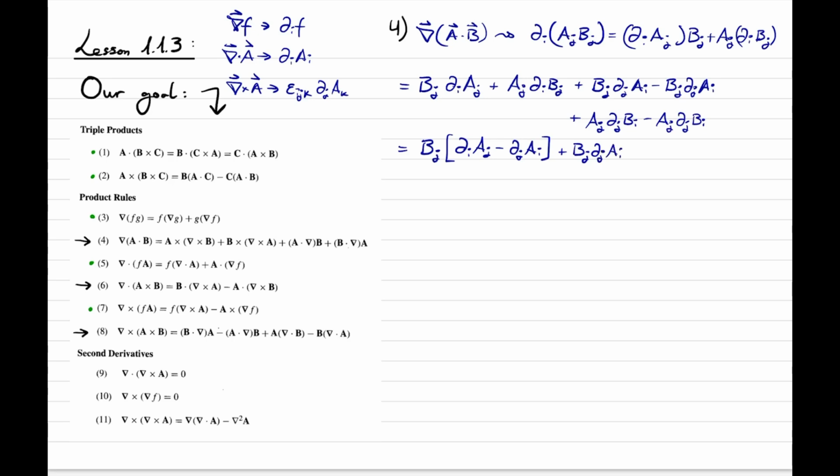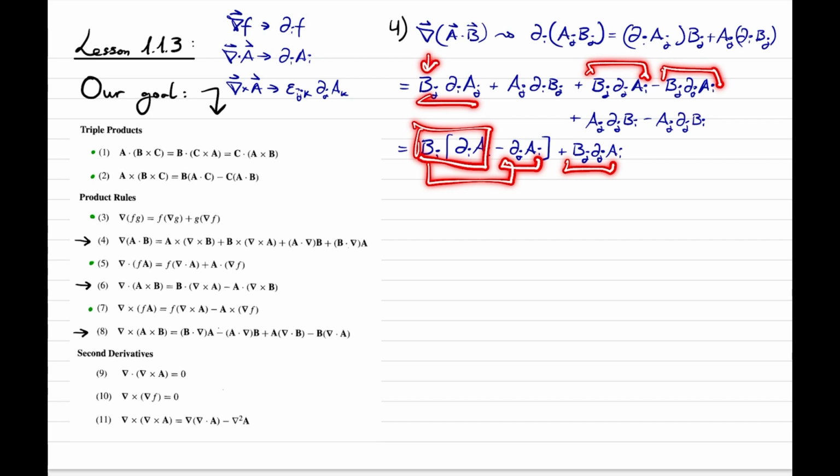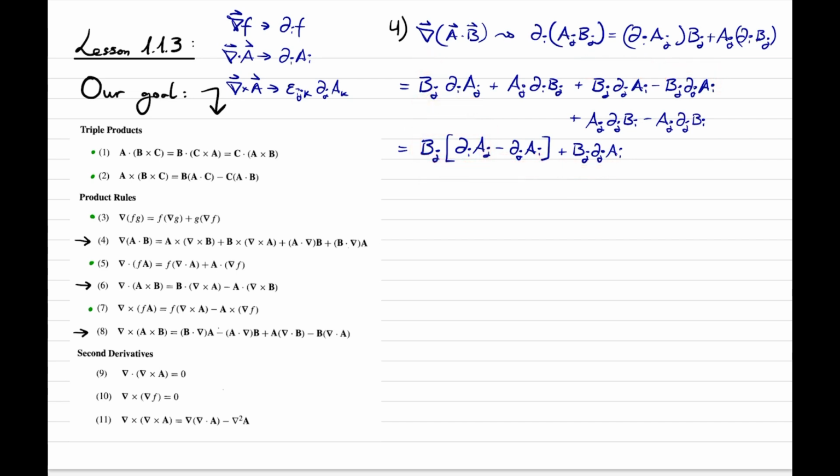So all these terms, this is this first term, this is this other term, and this is this other term. Okay, so these are the 3 terms related with the b in front of the term. Now we are going to do the other one, which is basically a_j, and now del_i b_j minus del_j b_i.